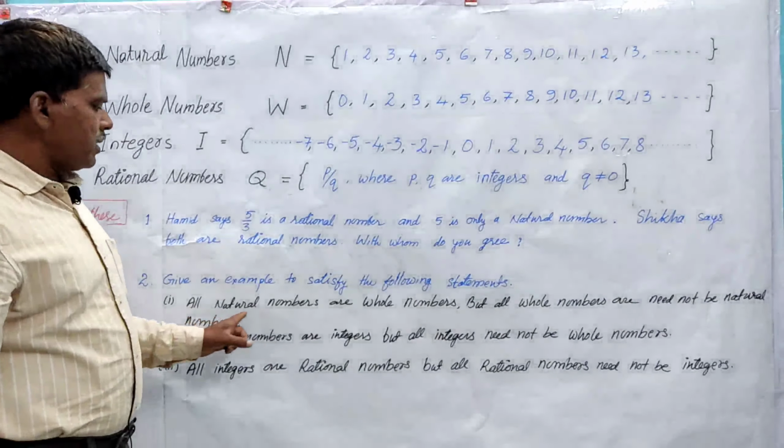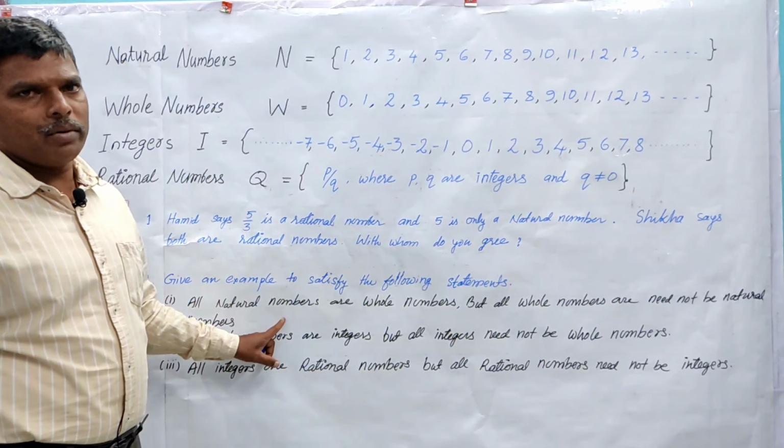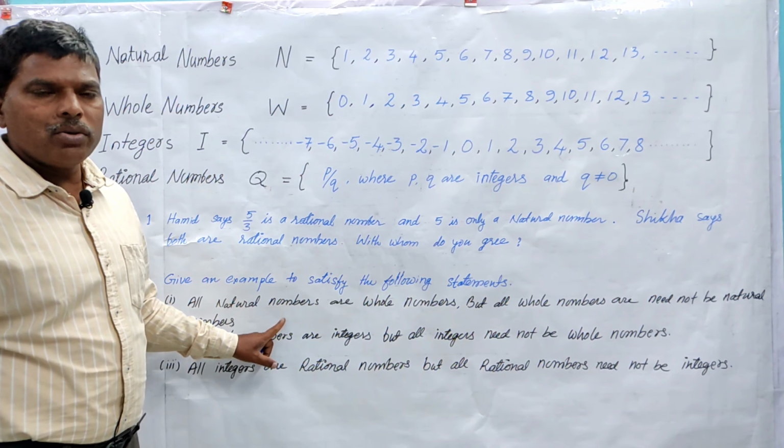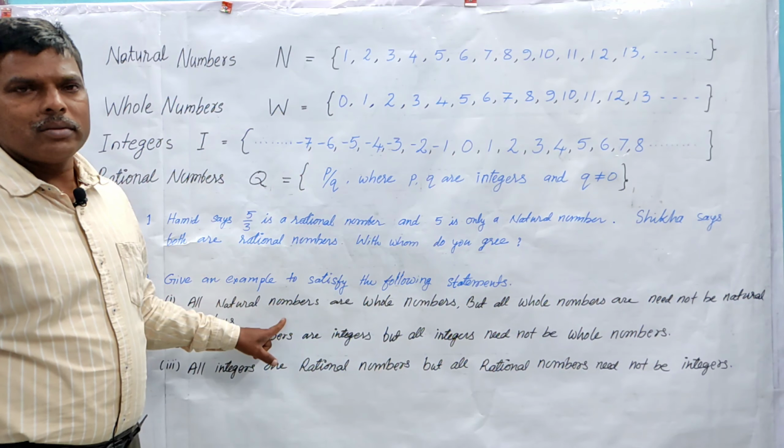So to satisfy this statement, we have to give an example. What is that example? 0 is the only whole number which is not a natural number.